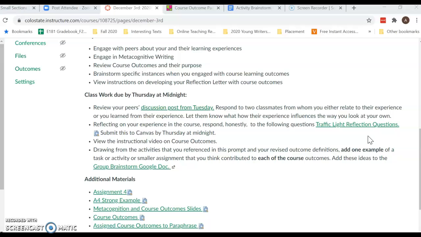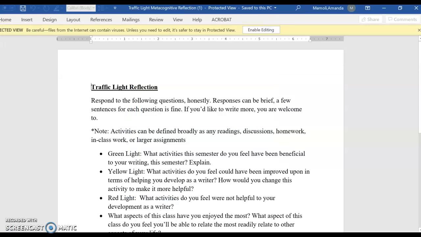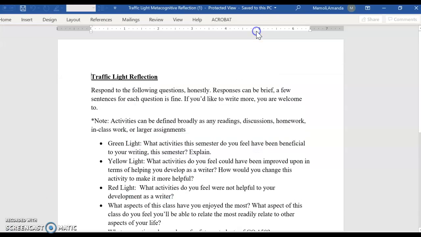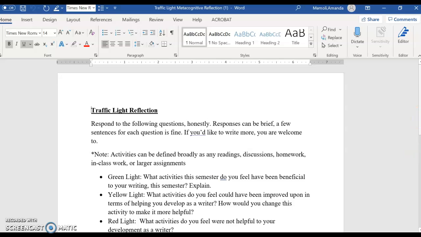So it's asking you to reflect a little bit more specifically than the initial assignment on Tuesday. And this is going to lend itself really nicely to your writer reflection, because your writer reflection is asking you to speak specifically to your involvement in the course.